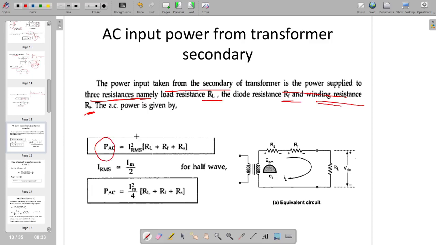So P_AC is equal to current square into resistance, I_RMS square into (R_L plus R_F plus R_S). We calculated in the previous slide that the RMS current is equal to the peak value of the current upon 2 for the half wave rectifier. Substituting this, we get the AC power given from the secondary of the transformer.